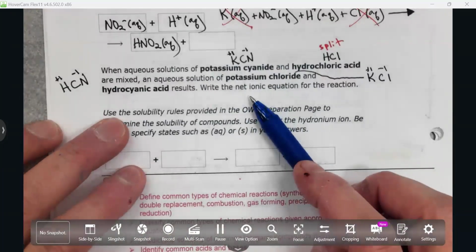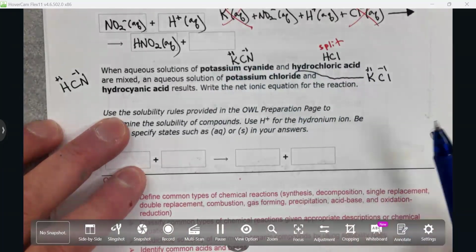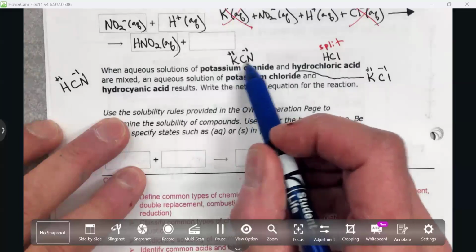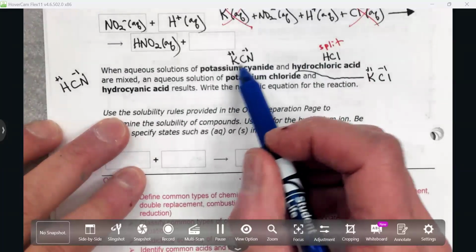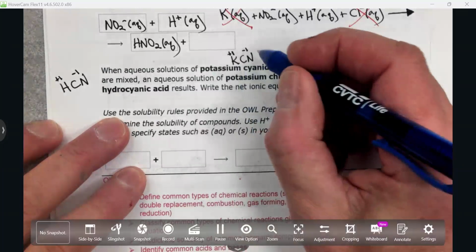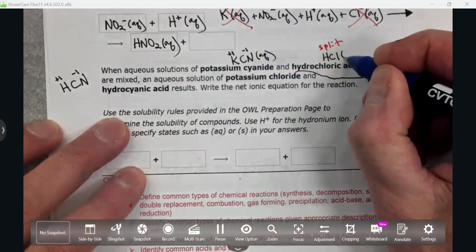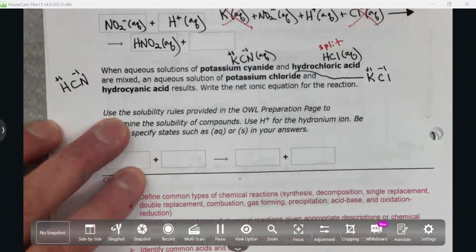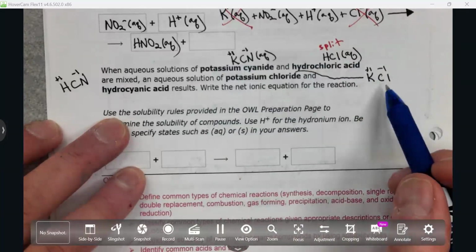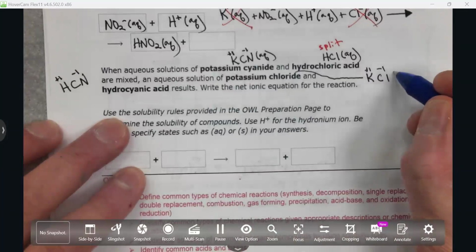Now, let's put our aqs in here. KCN is going to split up. Oh, yeah. Any potassium is going to split up fast. HCl is going to split up. KCl is going to split up.